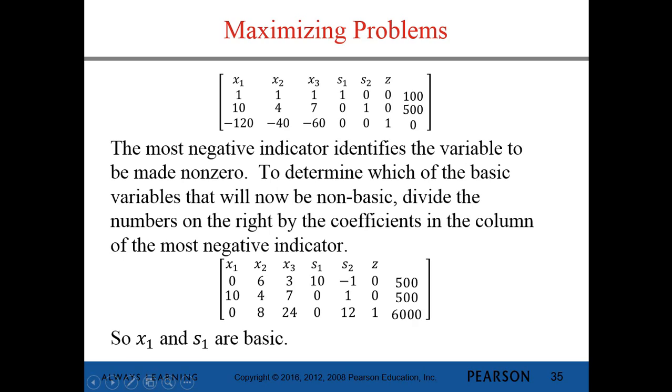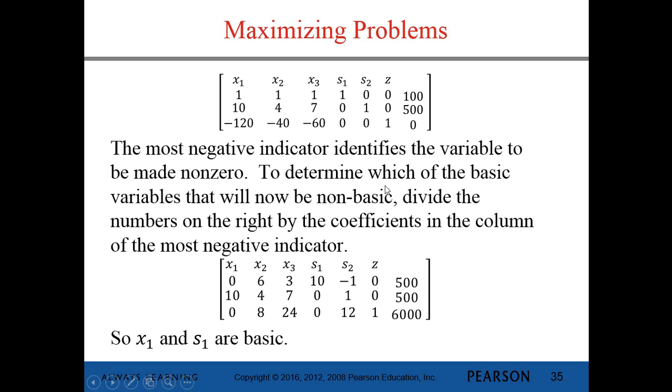Okay, now to determine which of the basic variables became non-basic, we know based on our analysis, but let's see how it works with the tableau. So we look at this column, we're looking at x1.